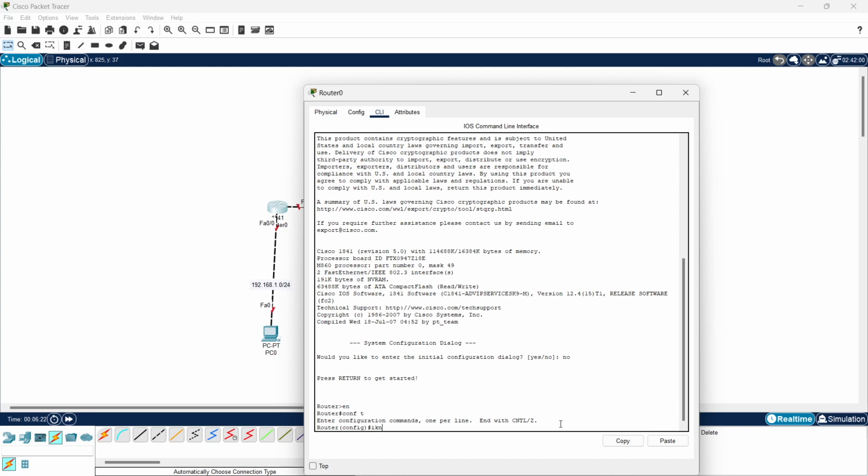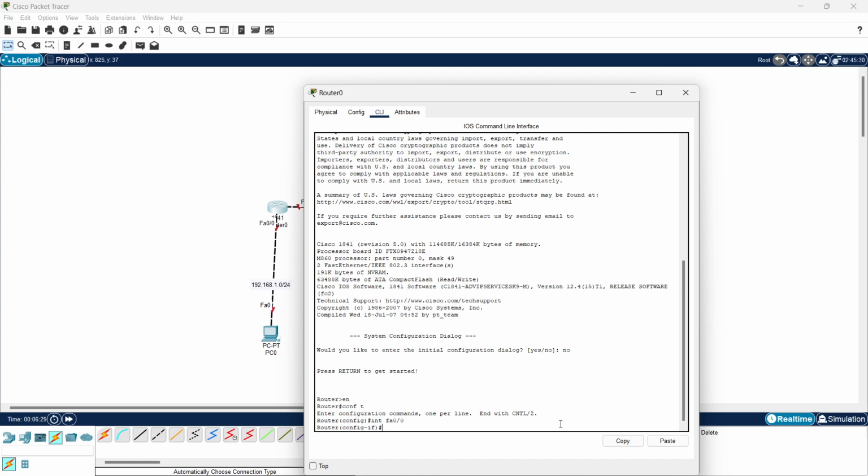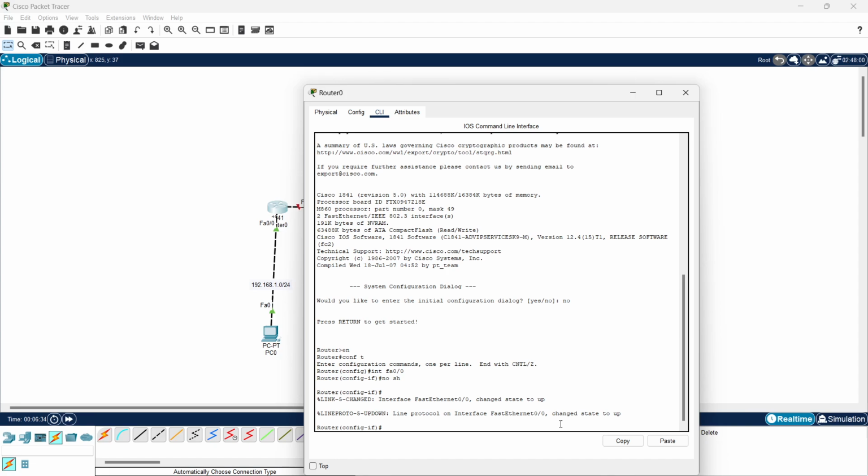After that, you can type interface 0/0 and then no shutdown. After that, we're going to add the IP address. You can type IP address 192.168.1.1 with the subnet mask 24 or prefix 24.